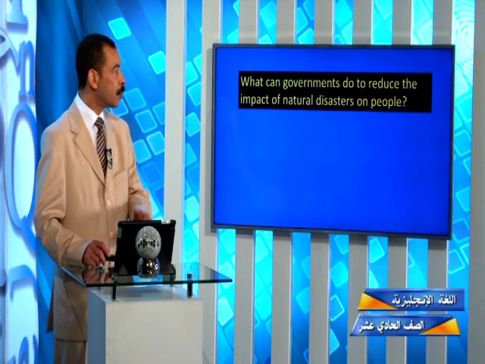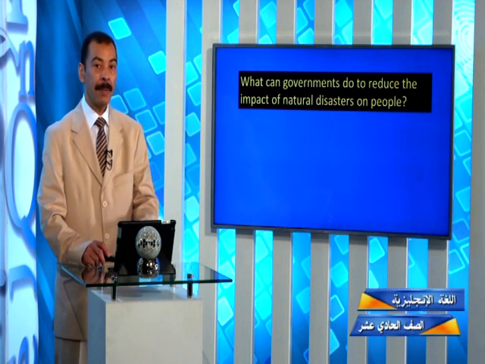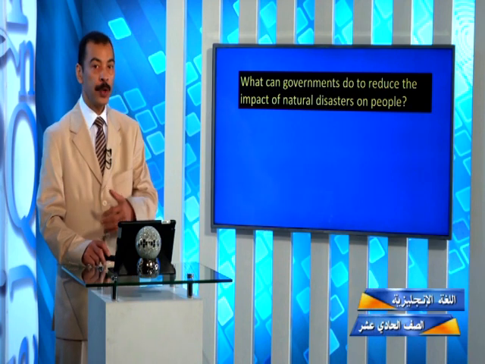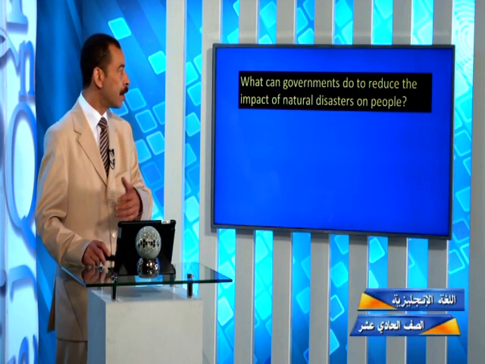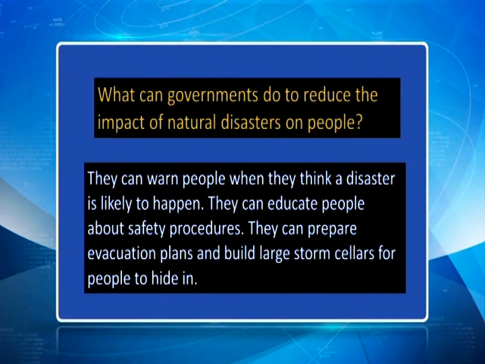What can governments do to reduce the impact of natural disasters on people? By natural disasters, we refer to earthquakes, tornadoes, floods, and things like that that you have seen in your lessons. So how can governments reduce the impact of these disasters? For example, we can say they can warn people when they think a disaster is likely to happen.